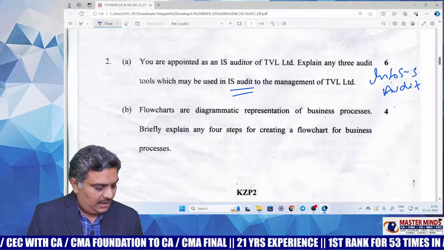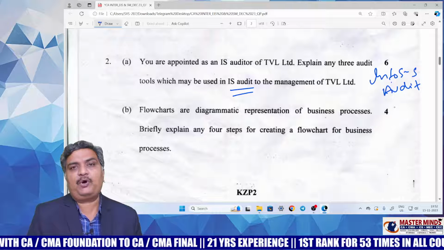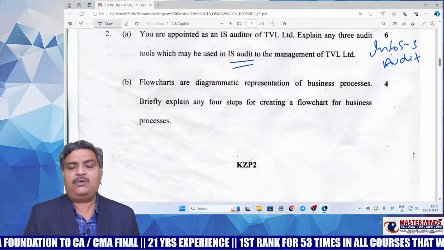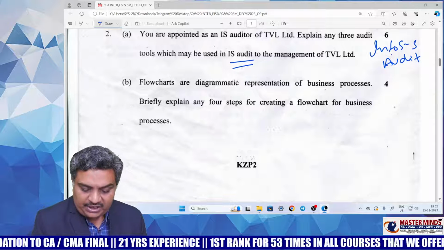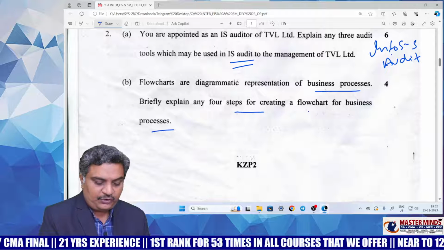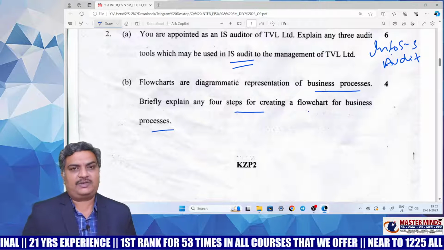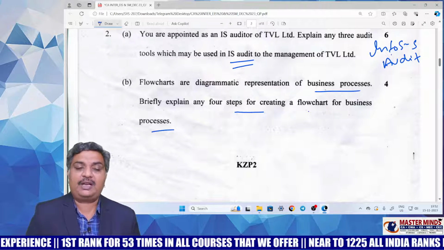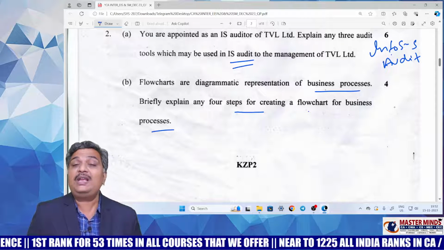And the next one is again a very important and expected question, regarding flowcharts. Flowcharts are diagrammatic representations of business processes. Briefly explain any 4 steps for creating a flowchart for business processes. Actually, there are some 7 to 8 steps of creating a flowchart, but here you have been asked only 4 steps.